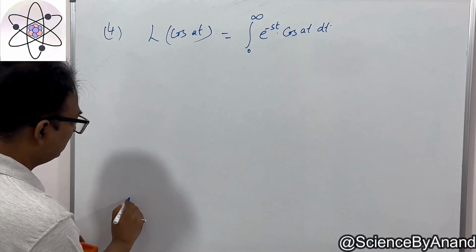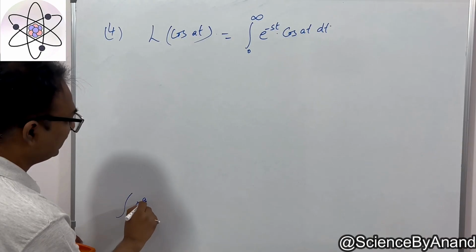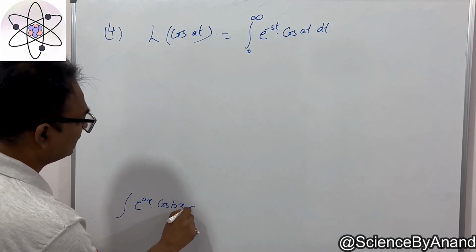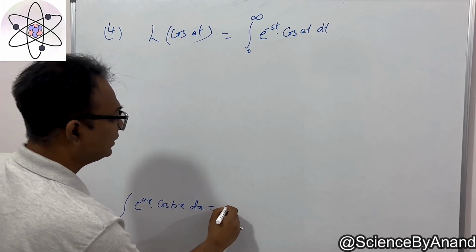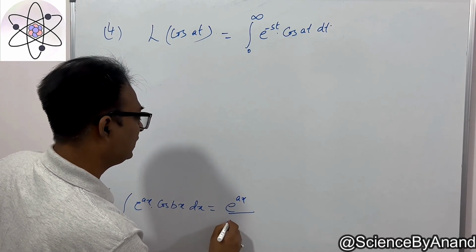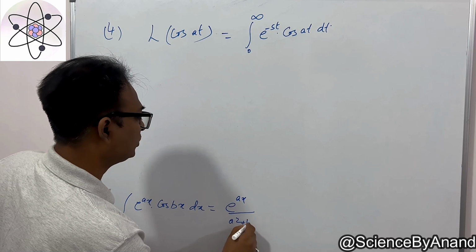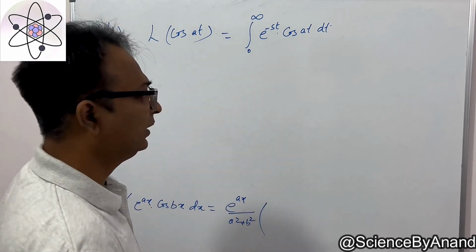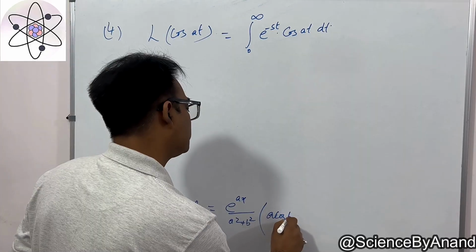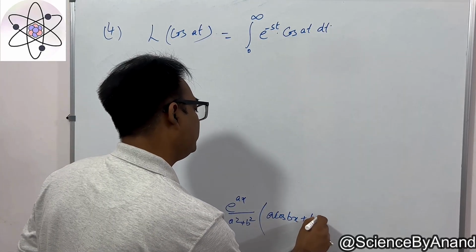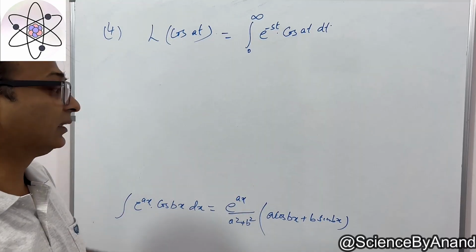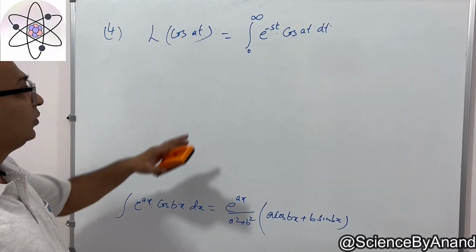We know that integral of e to the power ax cos bx dx is equal to e to the power ax by a square plus b square into a cos bx plus b sin bx. This is a standard integral, so we'll apply it here.